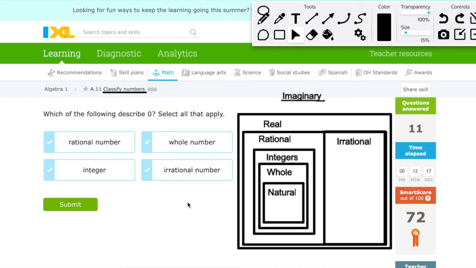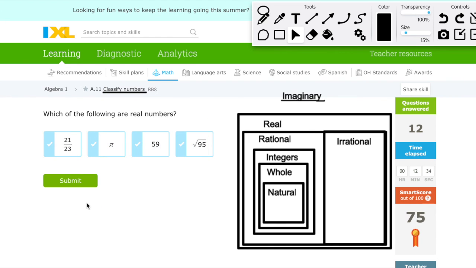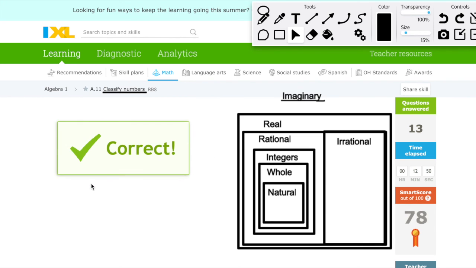We'll keep going. The following describes 0. 0 falls in everything on this left side except for natural. So that would be whole numbers, integers, rational. Which of the following are real? We've already said a couple times, everything we're dealing with in this one I'm thinking is going to be a real number unless they throw something that has like an italicized lowercase i next to it that represents an imaginary number for when you guys get to that in math later down the road.